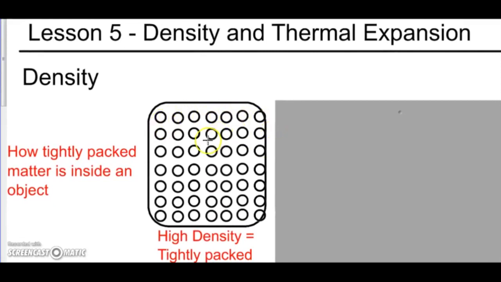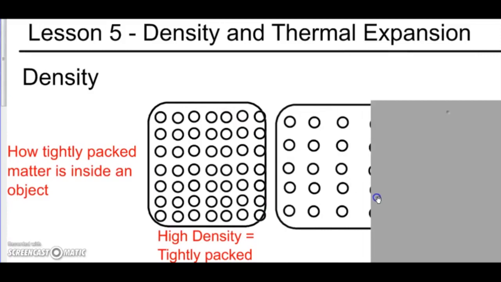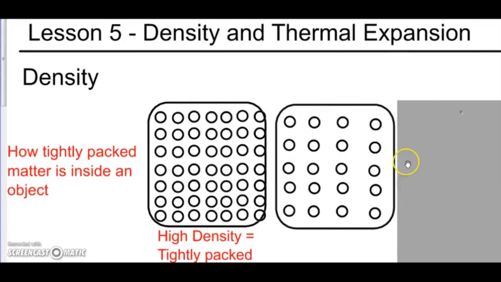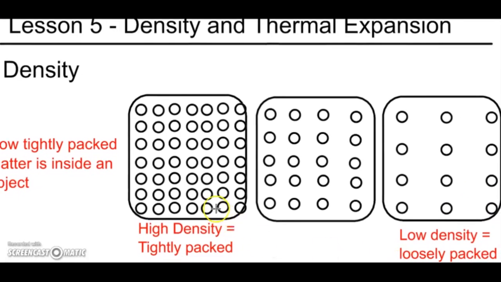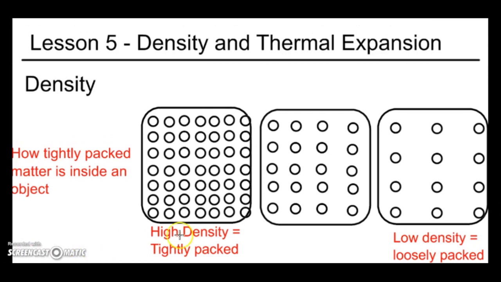These particles are packed together really tightly, but as we get into less dense, you can see the particles are further and further apart. So high density is where they're really tight, but as we go down to low density, they're loosely packed together.